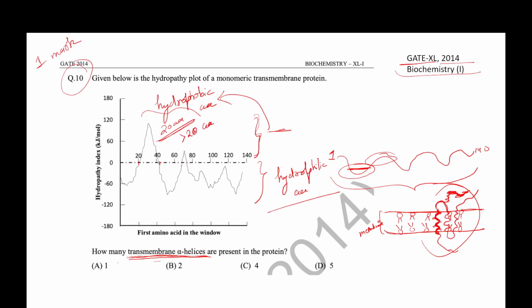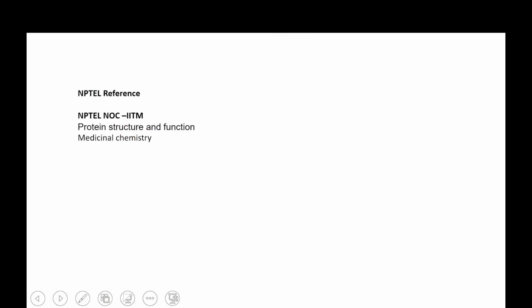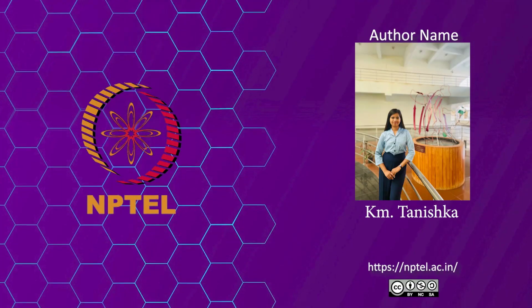This particular stretch does not qualify this criterion. So only the peak showing a 20 amino acid hydrophobic stretch could work as a transmembrane alpha helix. Out of the four options, option A, which shows only one transmembrane alpha helix, is the correct option. The other peak won't be considered a transmembrane alpha helix because it is a very short stretch of amino acid residues. This is my NPTEL reference.